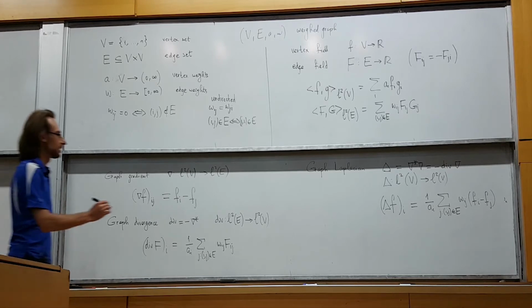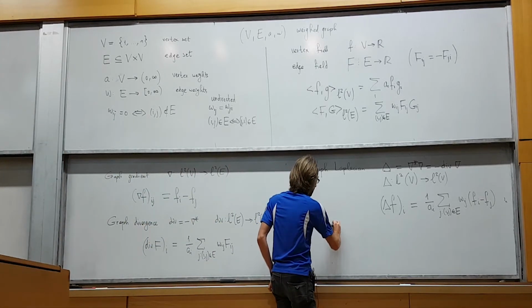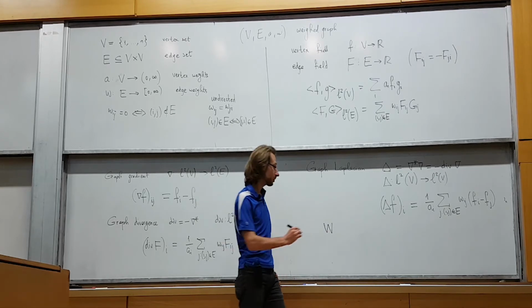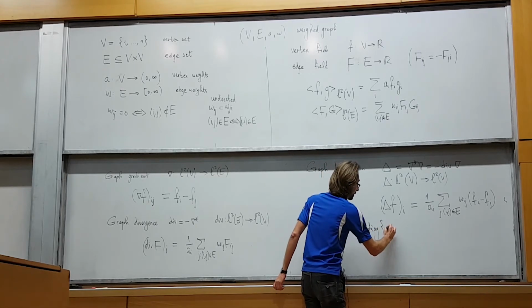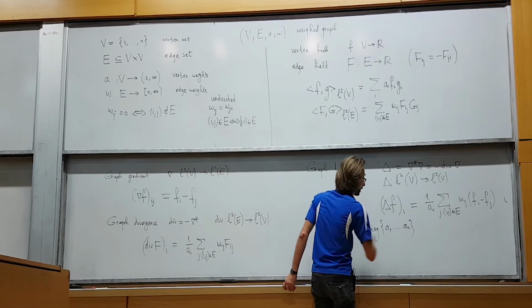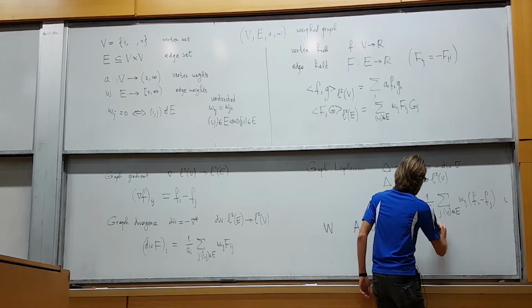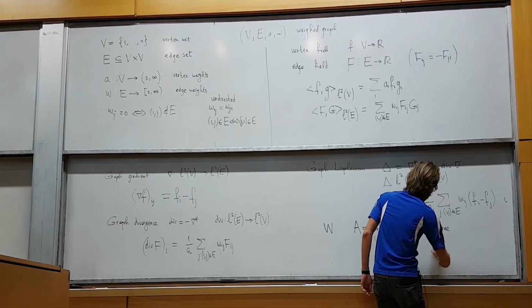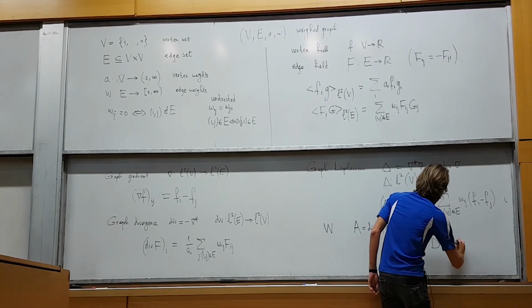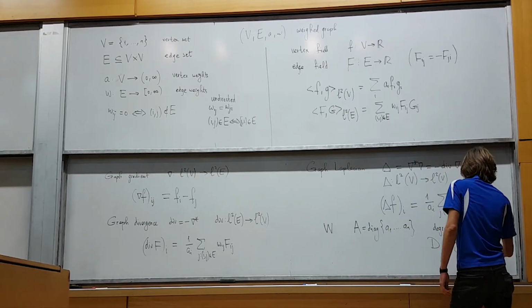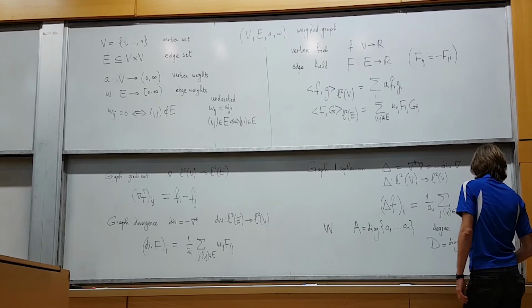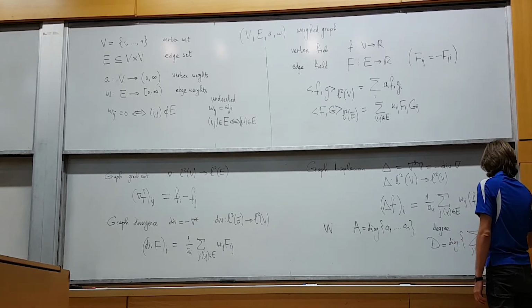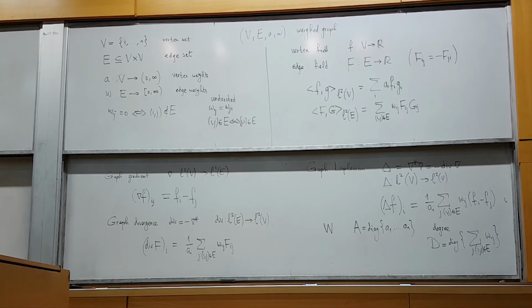Now, if we write the weights of the graph as an n by n matrix W, the vertex weights as a diagonal matrix A with a_1 to a_n on the diagonal, and we also define what is called a degree matrix D. It's a diagonal matrix with the sum over j such that i and j belong to the edge set of W_ij, and by convention W_ii equals 0.